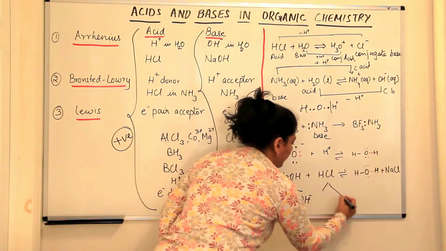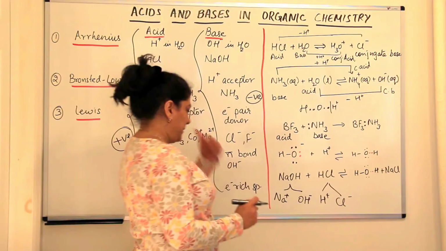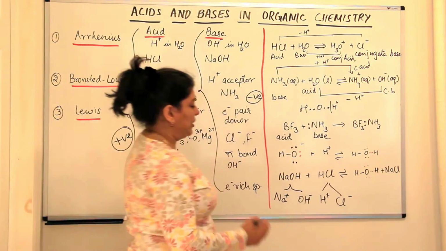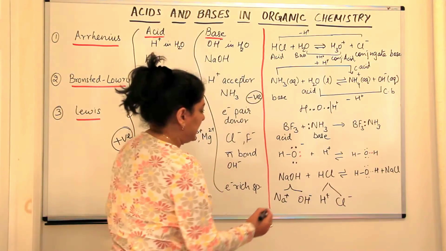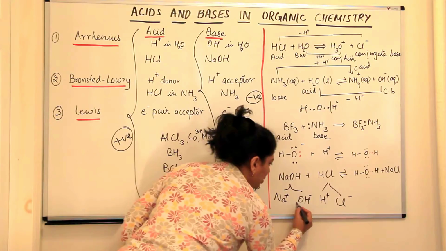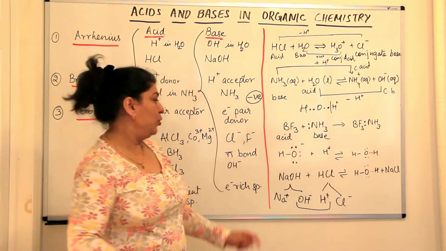And HCl breaks down to form H positive and Cl negative. Right? So Na positive and OH negative, H positive and Cl negative. Now these NaCl forms the salt, but OH negative and H positive will combine to form H2O.